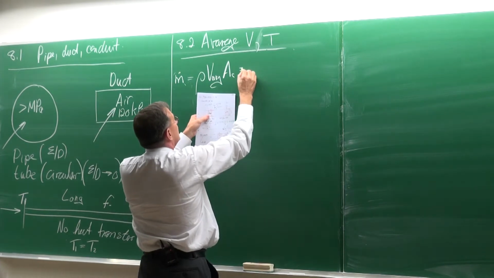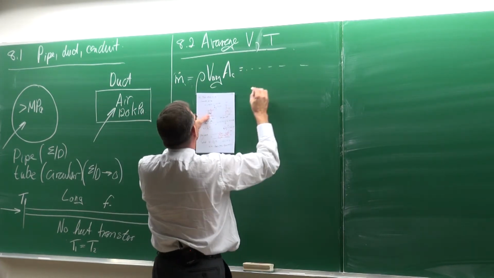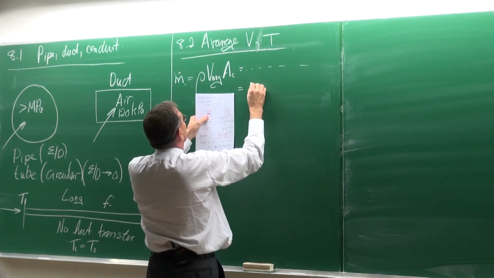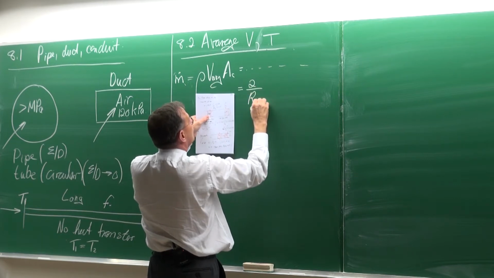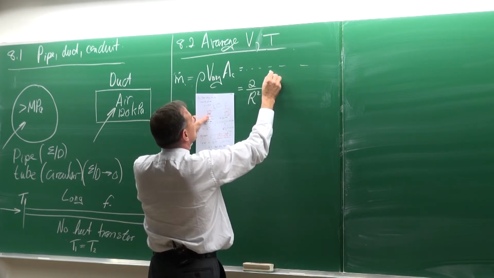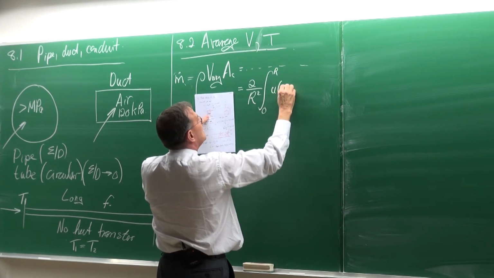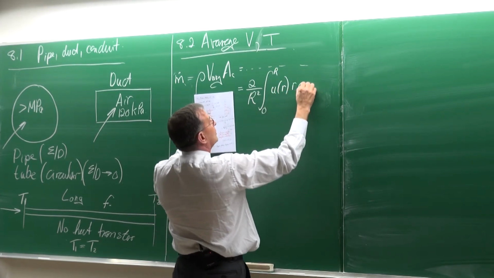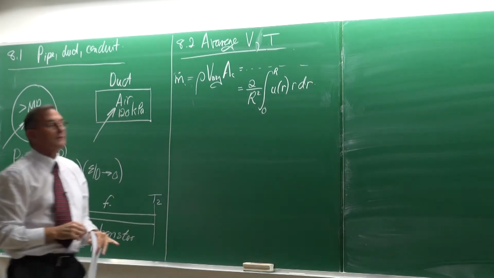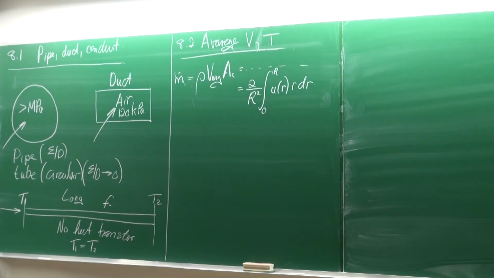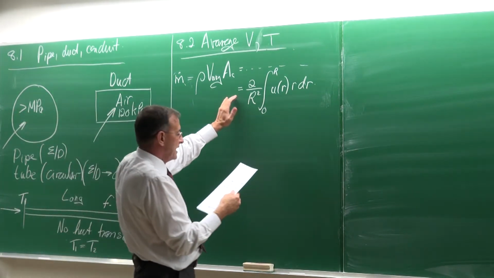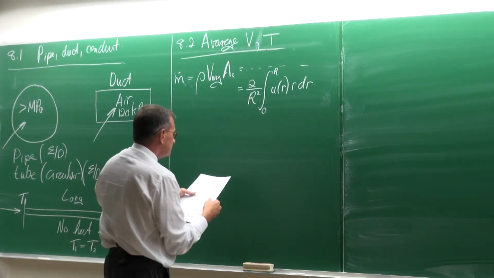You've already done it in fluid mechanics where you've looked at this derivation, and for a circular tube you've derived 2 divided by r squared, integral from 0 to r of the velocity distribution, r dr. The derivation is in your textbook. You've already done it previously. That is equation 8.2 in your textbook.